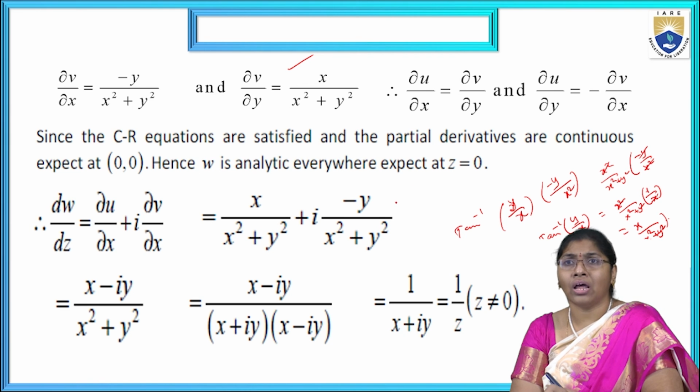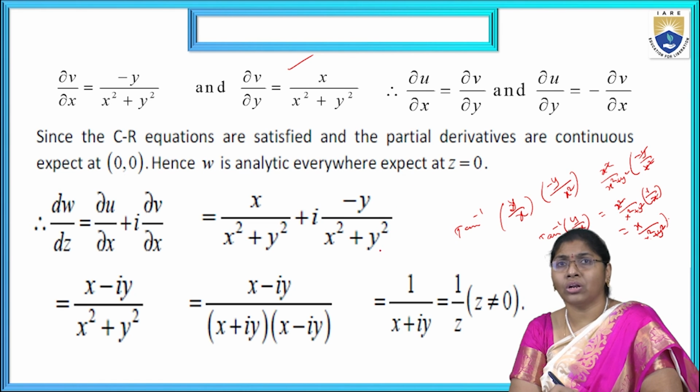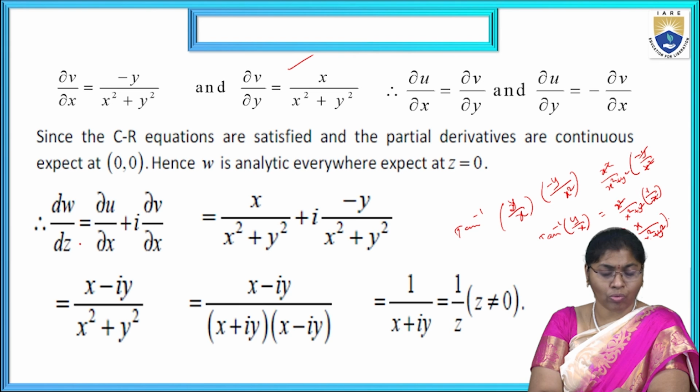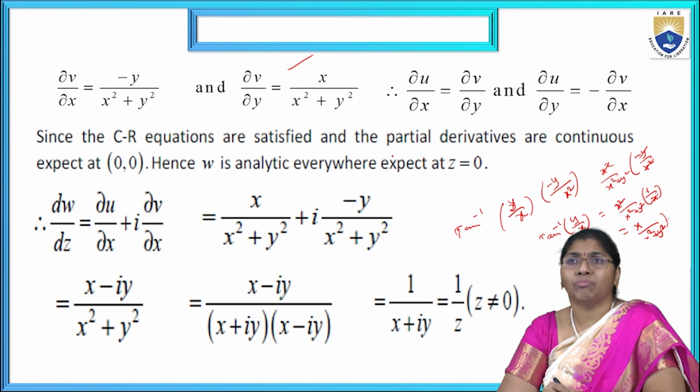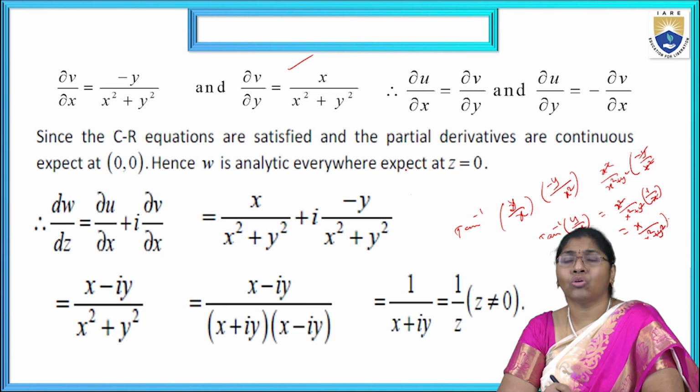Here dou w by dou z, since the CR equations are satisfied and the partial derivatives are continuous, except at 0, 0. Why? Because here the denominator is 0, so the expressions are infinity.